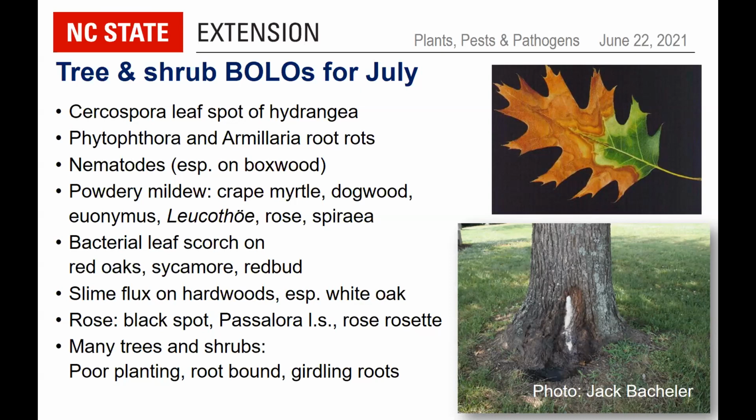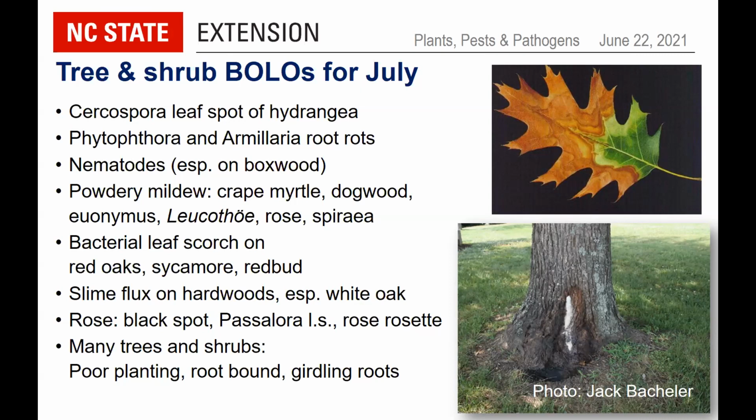Another disease of high summer is slime flux, and I probably shouldn't call it a disease. I should call it a condition. It's when the wood develops a condition called wetwood from bacterial colonization that, by producing gases, pressurizes that fermenting sap, and it oozes out in a frothy mix.